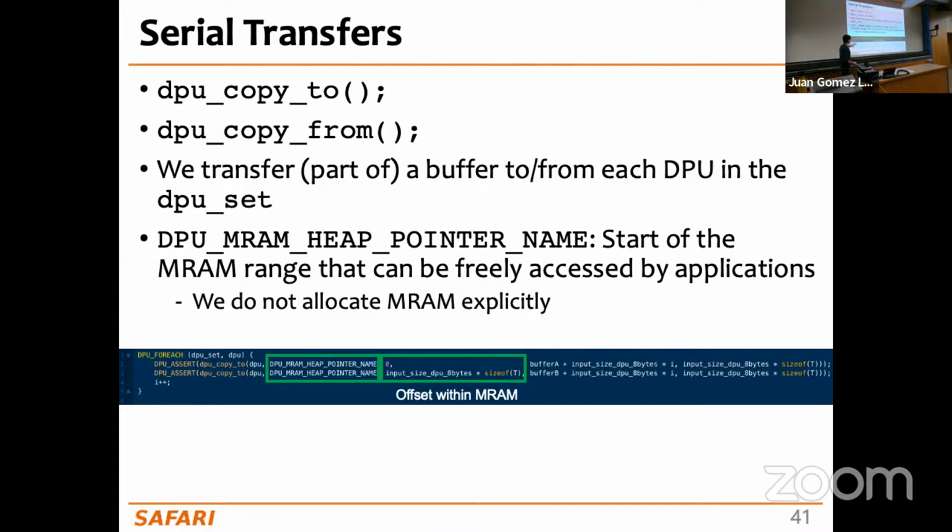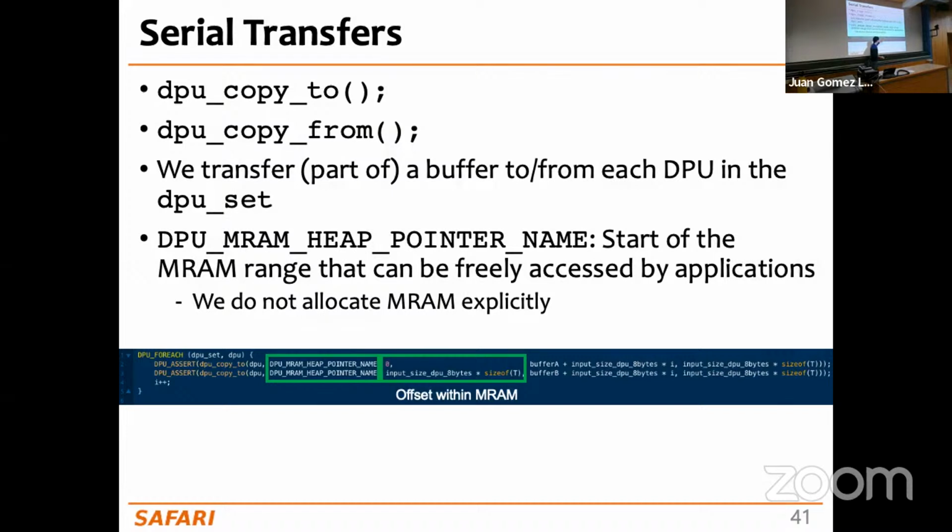We only say, where do we start counting? And then what's the offset within MRAM? So for example, this buffer A, or this particular address and this size, so this buffer of a certain size is going to be copied to the beginning of the MRAM because the offset is 0 in each DPU that you target, okay? The second one, in this case buffer B, is going to be copied somewhere later, right?